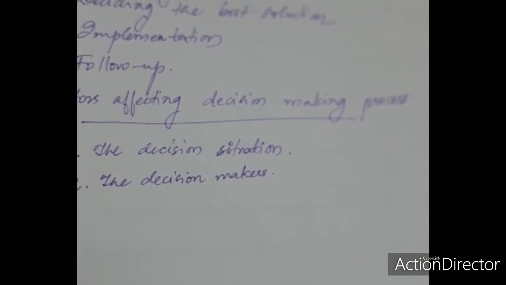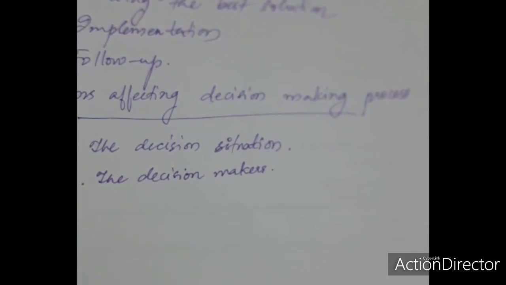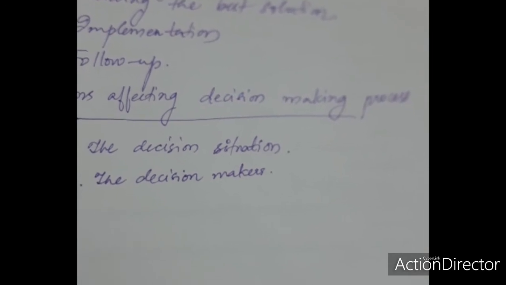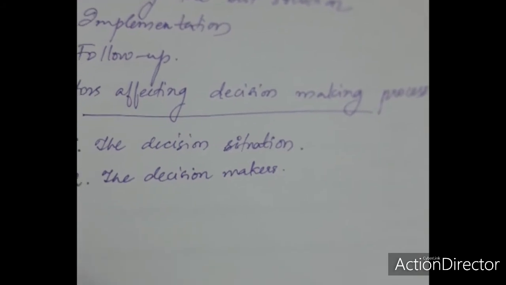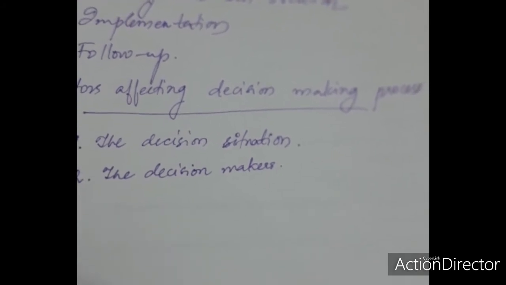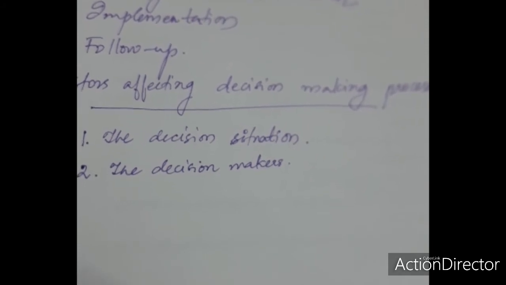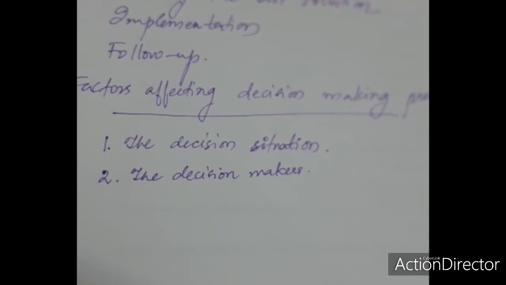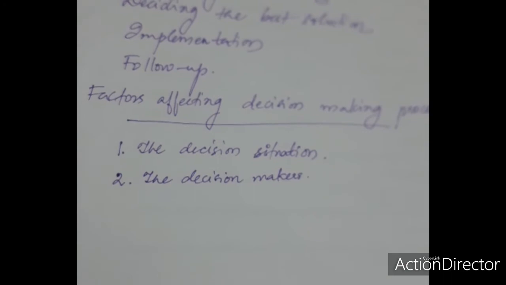So there are different approaches that the person who is taking the decision might adopt. Whoever is doing this decision making process might have different ways of making a decision. So it depends upon the decision maker also. That's another factor which affects the decision making process.